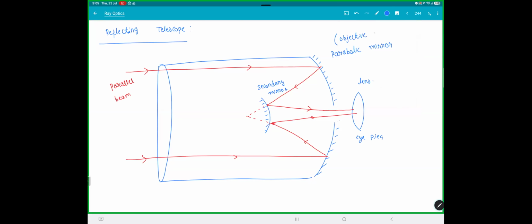So we don't have an objective lens, we have an objective mirror, which collects all the light rays and sends them to a secondary mirror, which sends them through a lens. So that's it. We don't have anything more than this except this one concept called reflecting telescope. Not sure how they'll frame a question. Just have an idea. These are the things actually used for all these observatories.